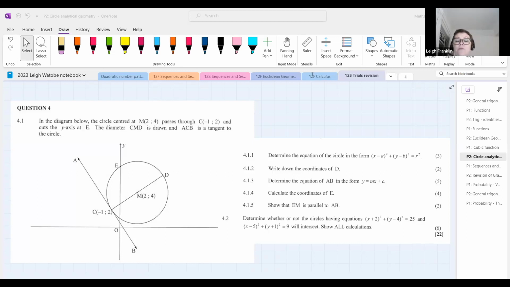Mbalenhle sent through the coordinates of D already. Mbalenhle, that is correct. Good. Well done, Mbalenhle. Nice. So Mbalenhle, go on to question 4.1.3.